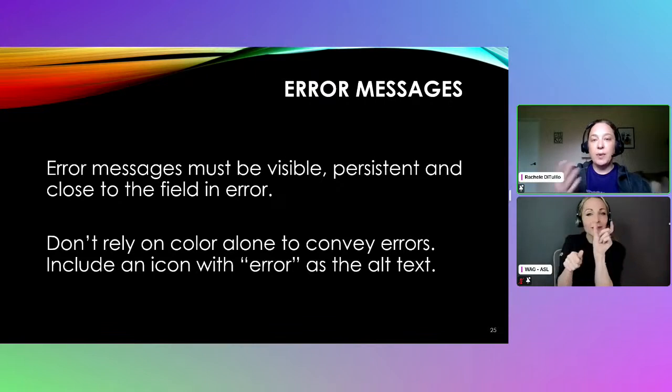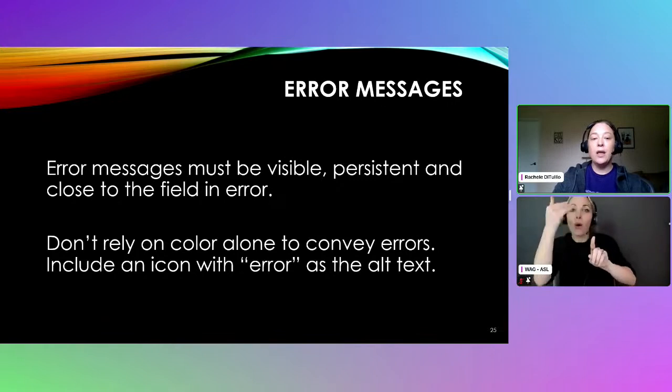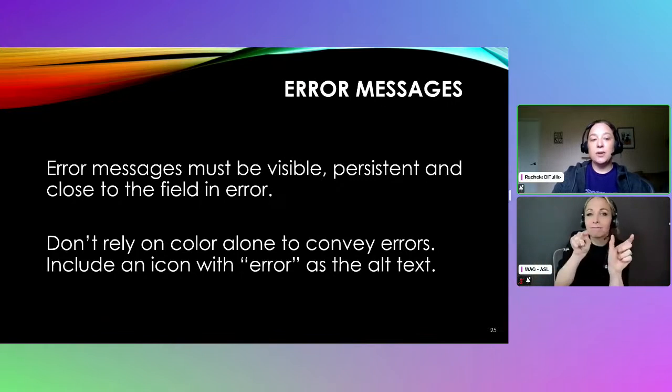And we make sure that that's visible to all users, that it doesn't go away after a little bit of time, it's persistent, and it's close enough to the field in error that you understand which form field the error is referring to. We also do not want to rely on color alone to convey errors, like using the color red.